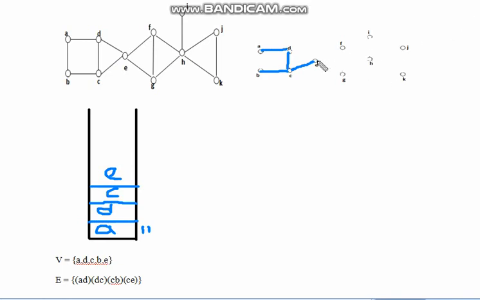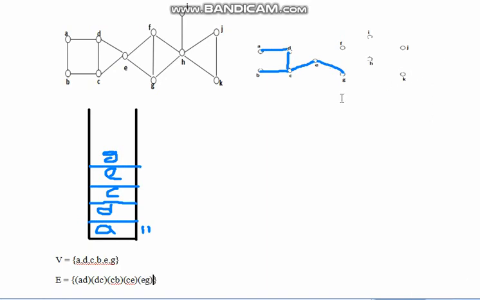I am choosing G, so I push G onto the stack, then G is added over here, and the edge is E to G.